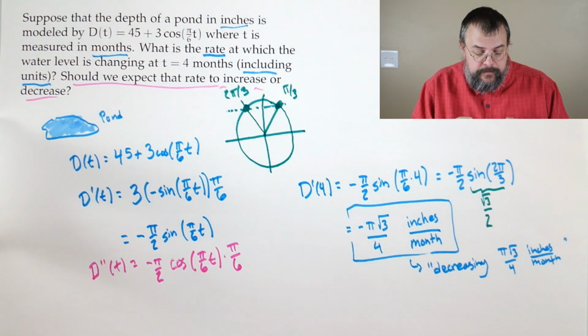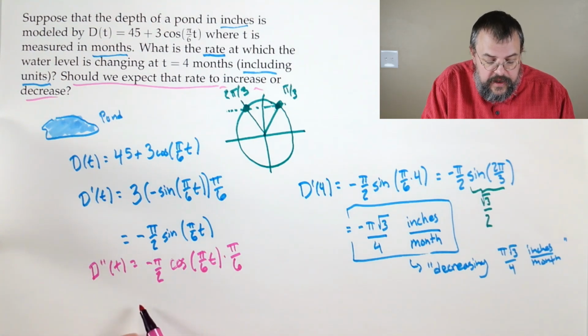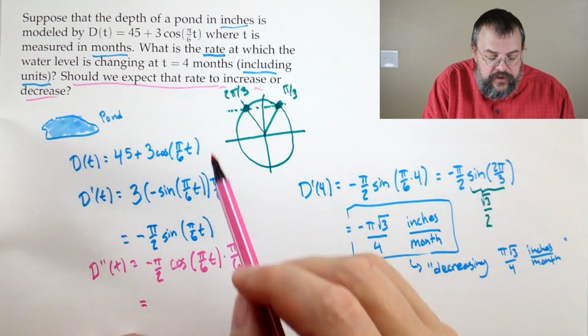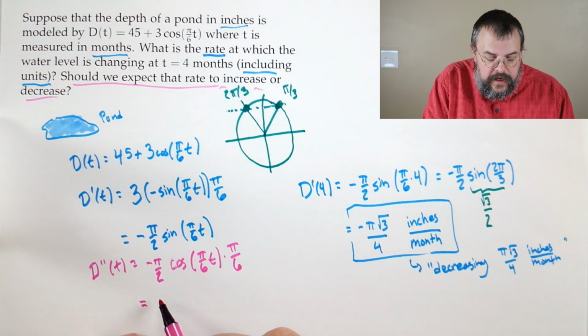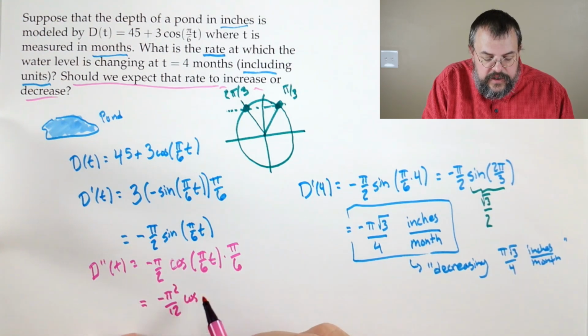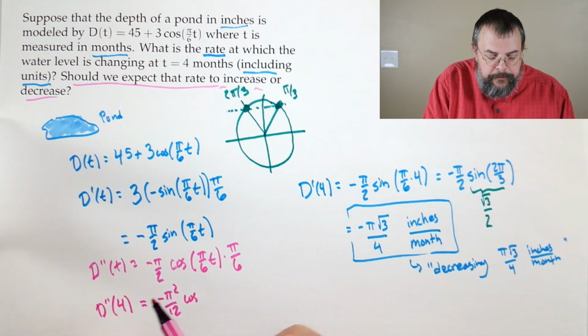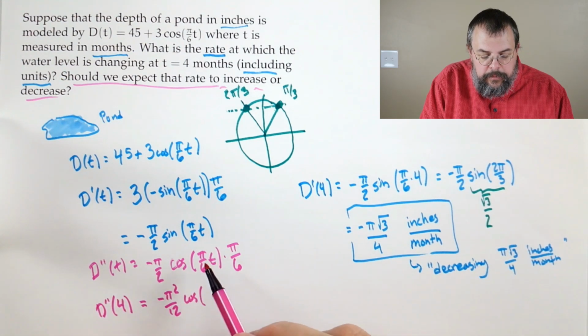Now, what do I care about? Well, what I care about is what's happening with whether it's increasing or decreasing. So this is negative pi squared over 12 and cosine. And let's plug in 4. So cosine of pi over 6 times 4 is, again, 2 pi over 3.